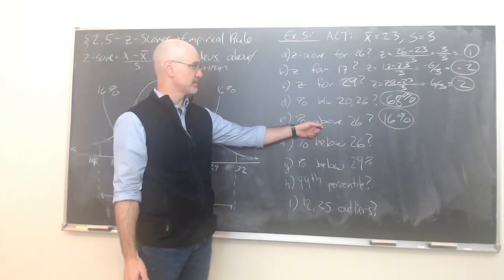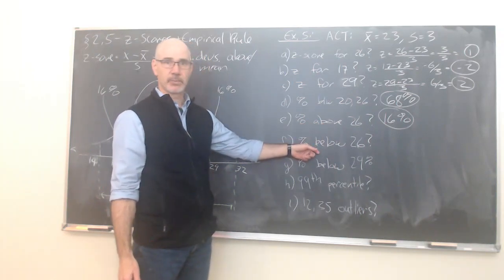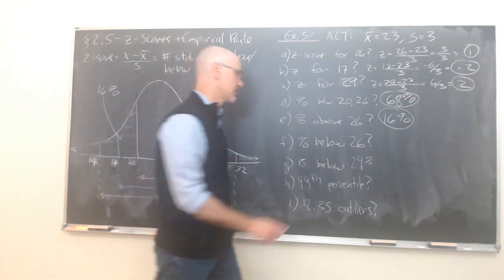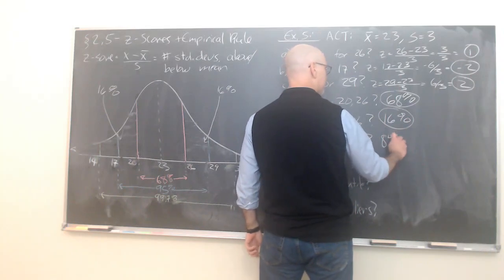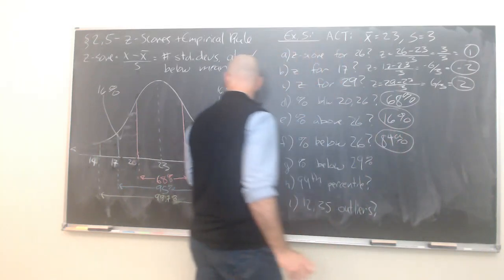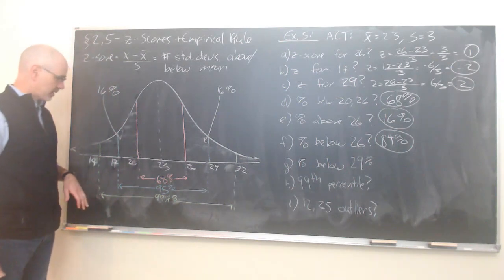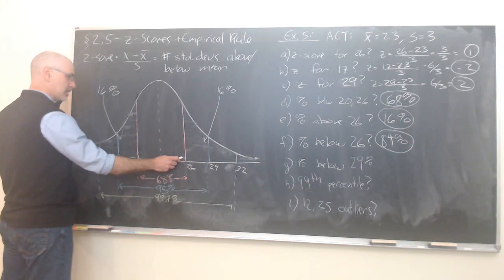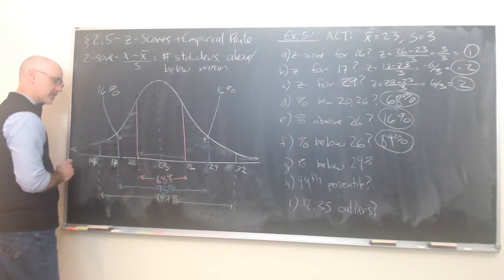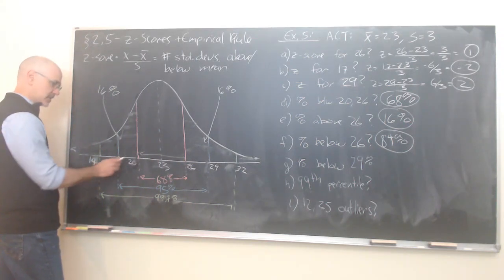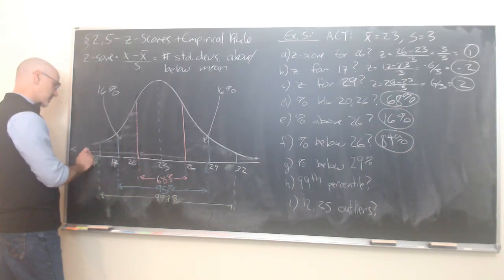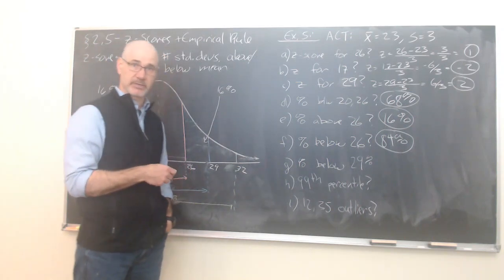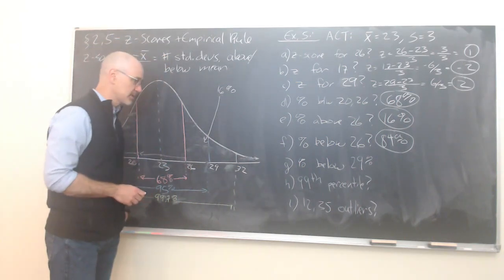If 16% of the data is above 26, then 84% is below 26, right? 100% minus 16%. But notice, we could also do it just thinking about areas to the left. So below 26 would include the 68% in the middle of 20 and 26, plus an additional 16% that's to the left of 20. So that would be 68 plus 16 is 84% also. So either way gets us to the right place.